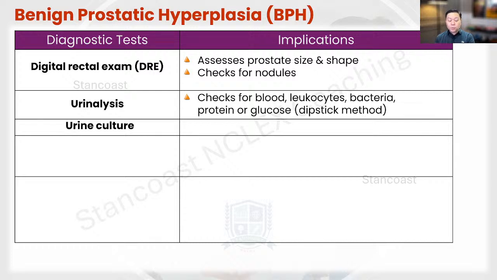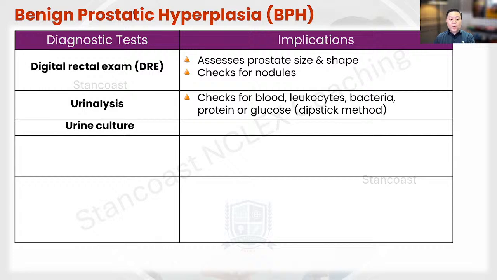So if there is poor preparation of the perineum, if the patient is not following the instruction of cleansing first their meatus before the collection, usually the lab scientists will know that this is not a good sample because it's contaminated by the surrounding skin or the environment.